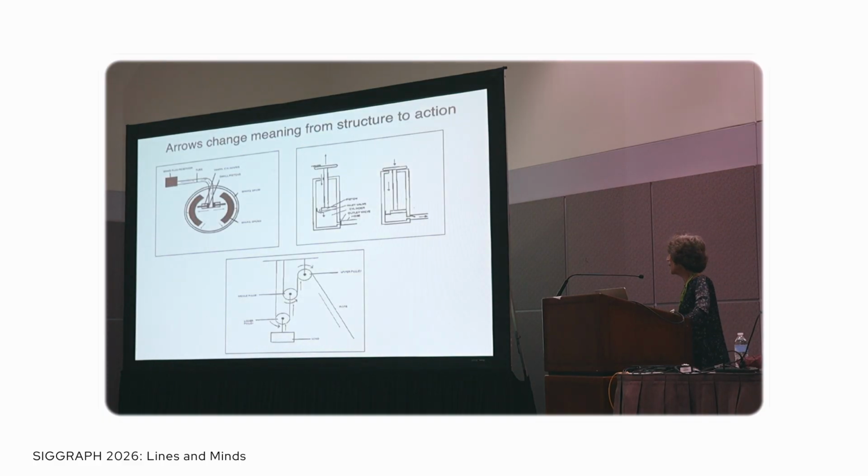Okay, so we gave people these diagrams either with arrows or without arrows, and asked people for descriptions. Without arrows, people give us structural descriptions. They tell us where the parts are in relation to each other. If we add an arrow, they give us temporal, behavioral, causal descriptions.